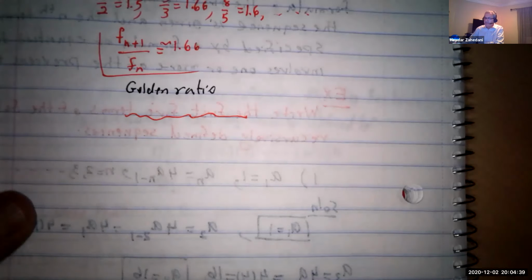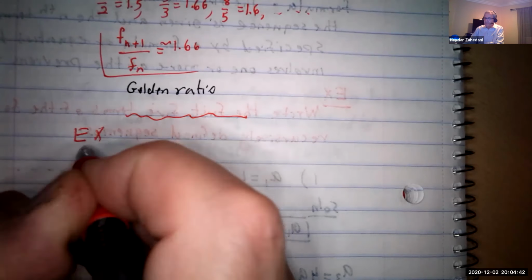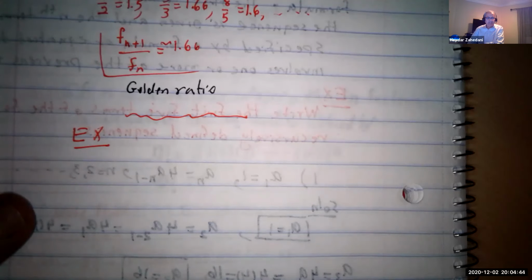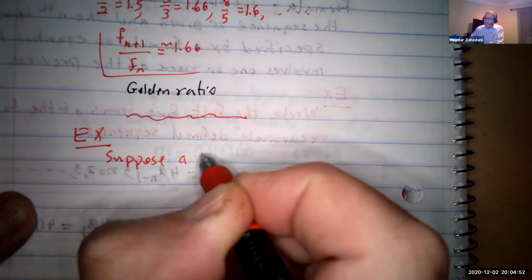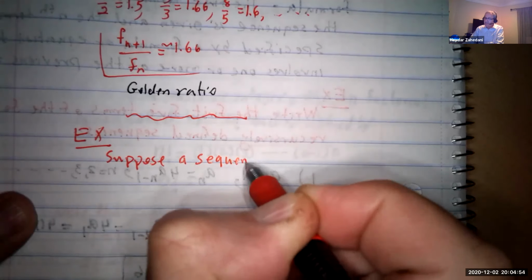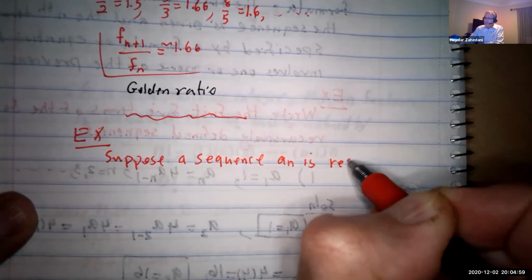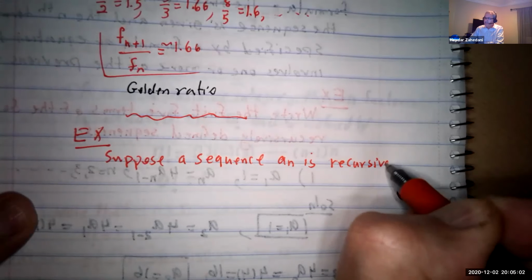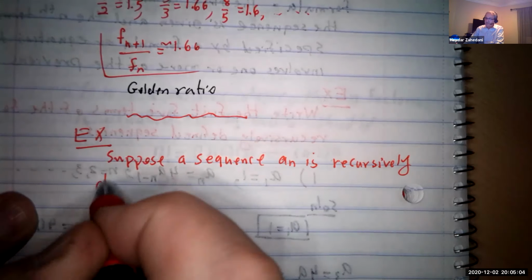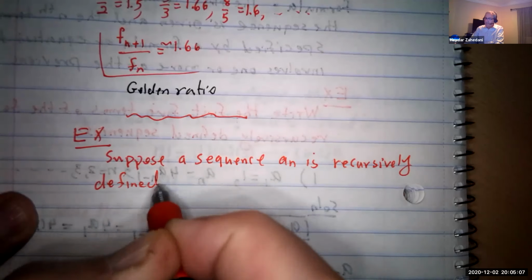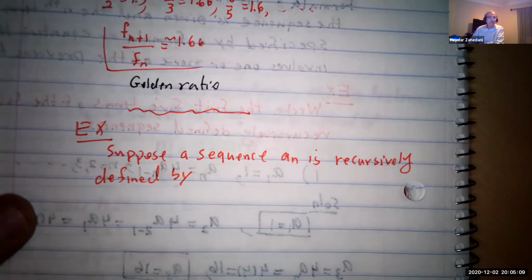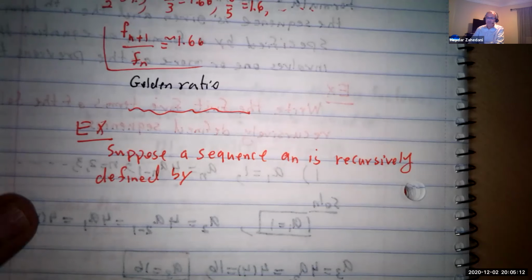Okay, so this is going to be our next example. Suppose a sequence an is recursively defined by the following.